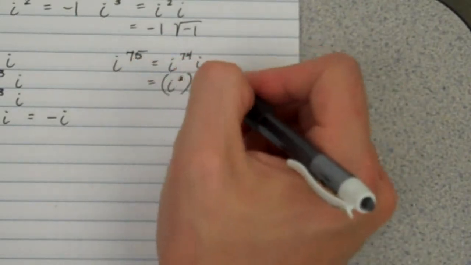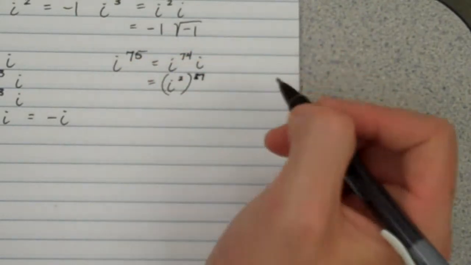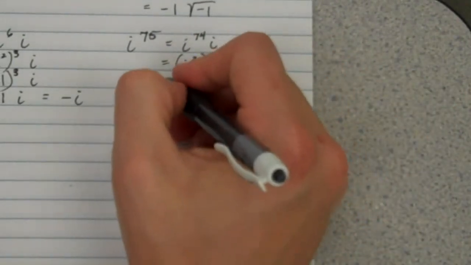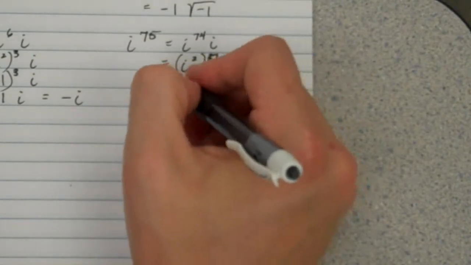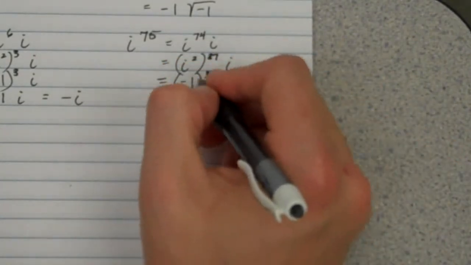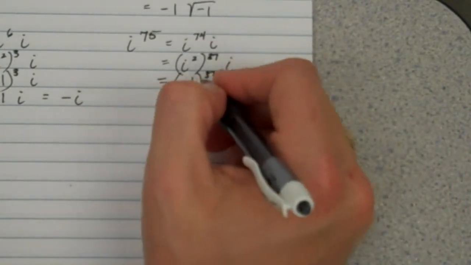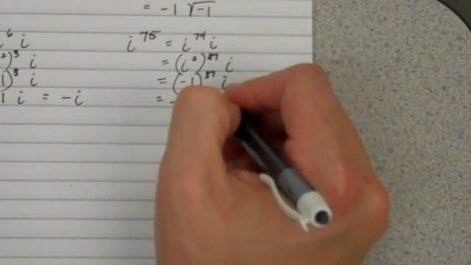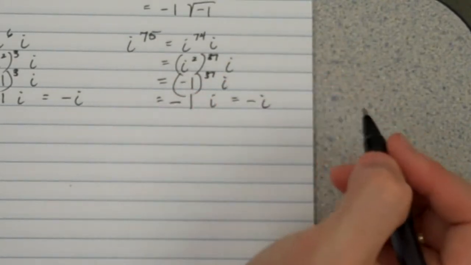Well, that's 74 divided by 2, which is 37 of them. That's a lot. Times i. Okay? And then i squared equals negative 1 to the power of 37 times i. Okay? Negative 1 to the power of 37, because it's negative to an odd power, it's going to end up being negative 1, right? This is negative i.